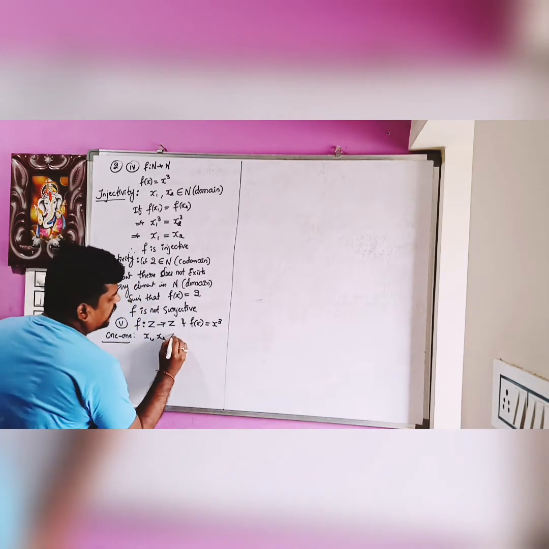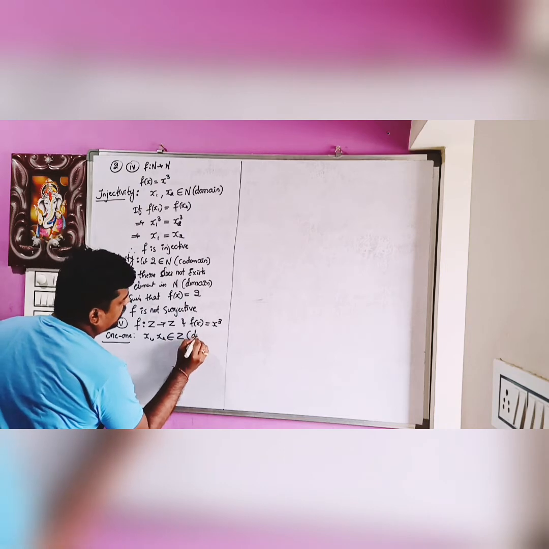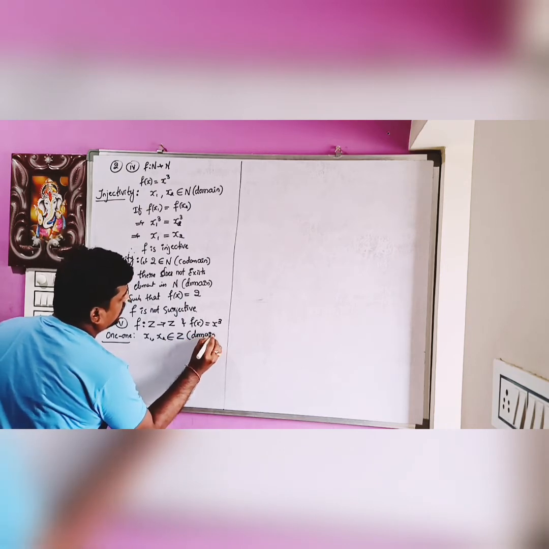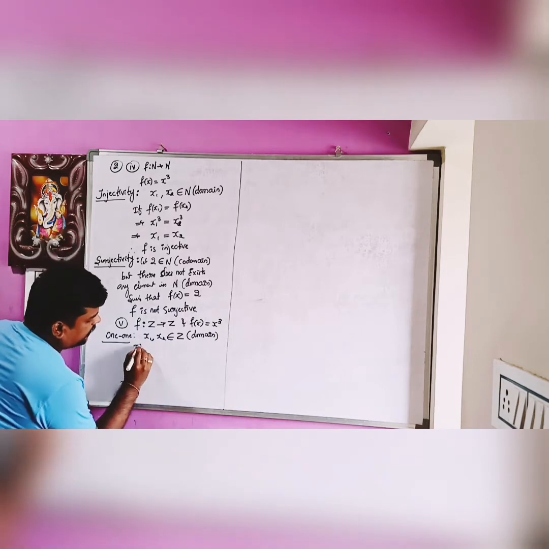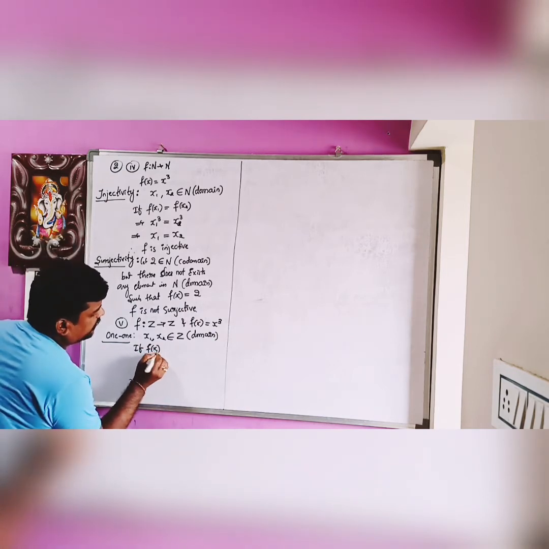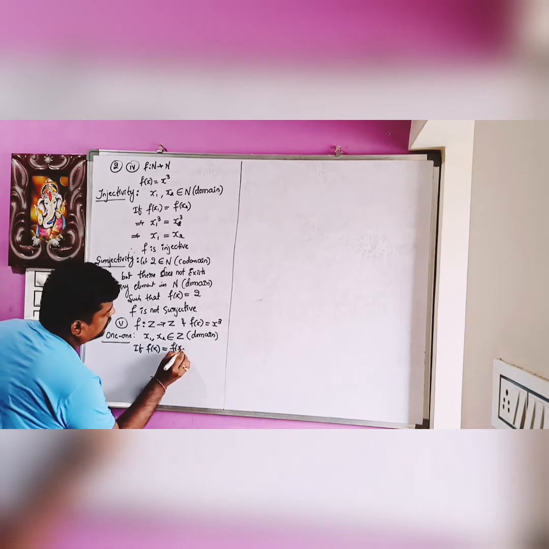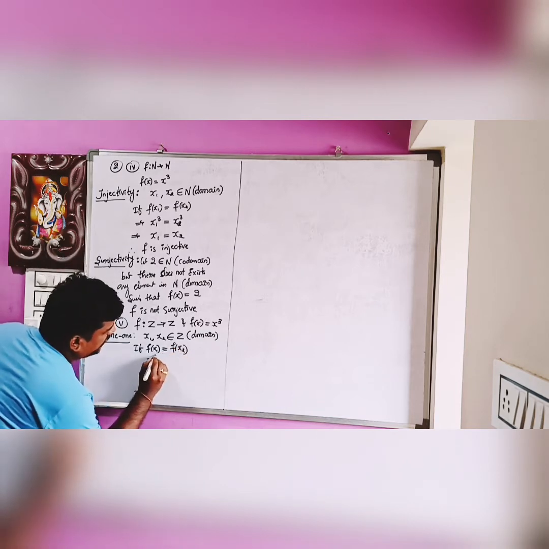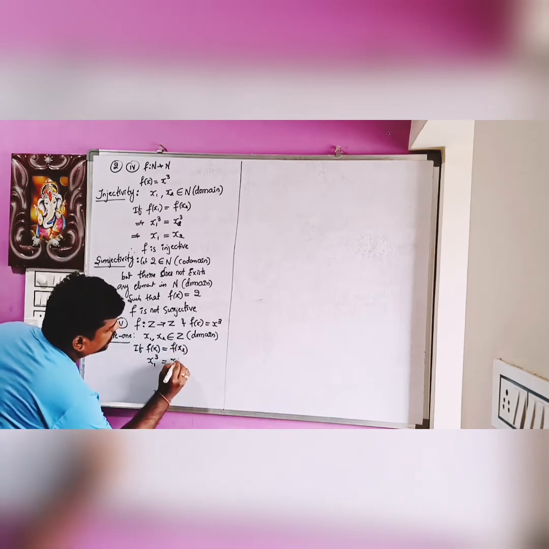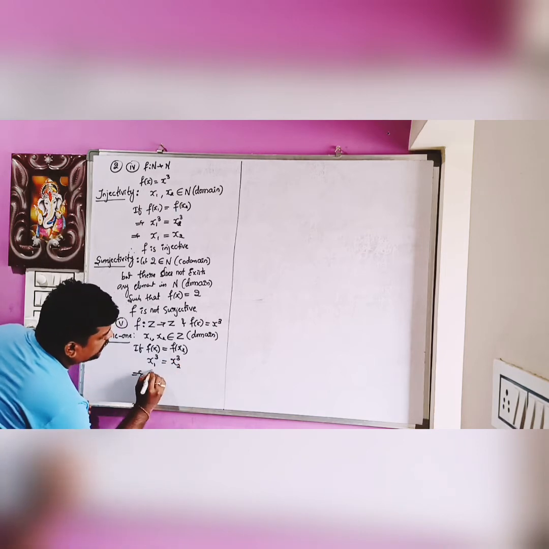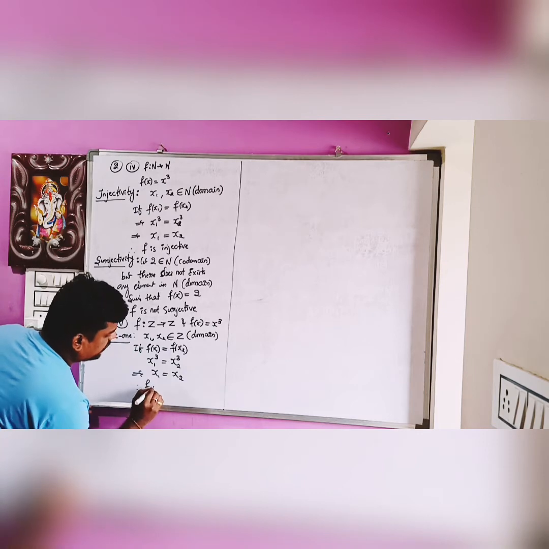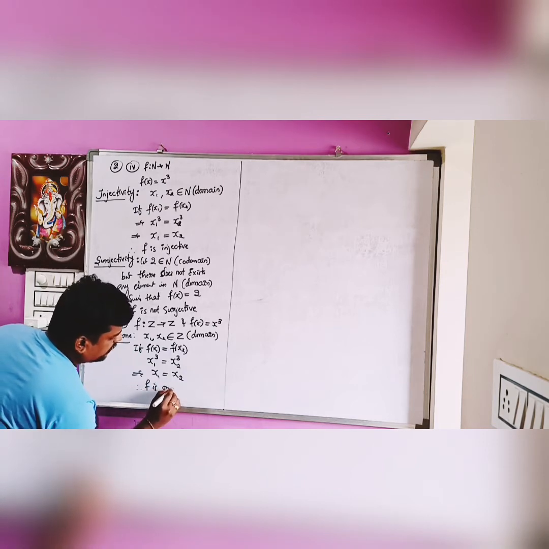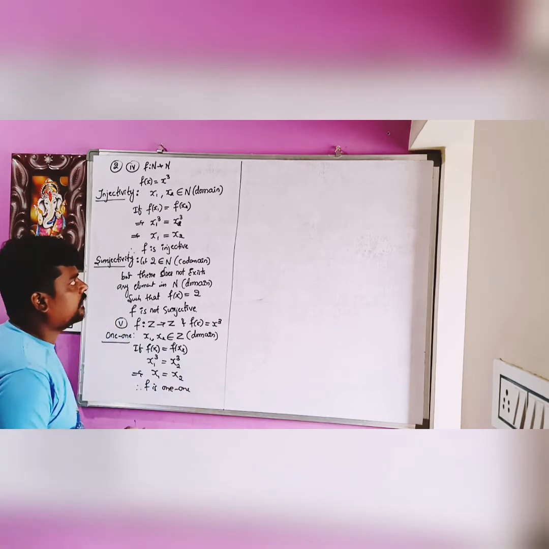So x1, x2 belong to Z, the domain. If f of x1 is equal to f of x2, then x1 cube equals x2 cube, which gives x1 is equal to x2. Therefore f is one-one.